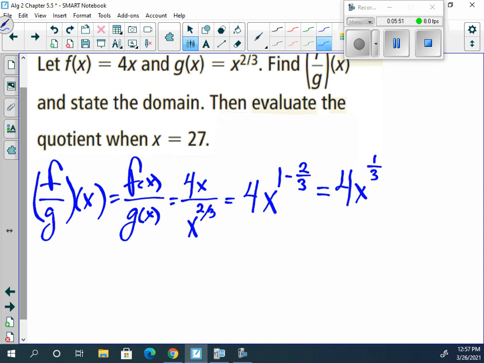Now, what would the domain for this be? Well, we can talk about it here in a second. I'm going probably a little fast right now. Any questions on how we got 4 times x to the 1/3? So we're good with how we got there, yes? So what would the domain for this be here?